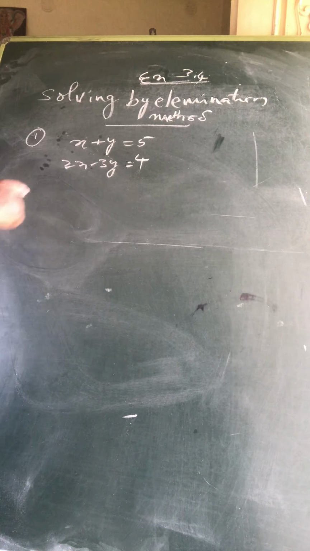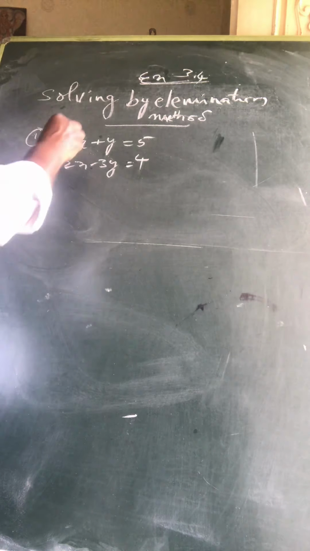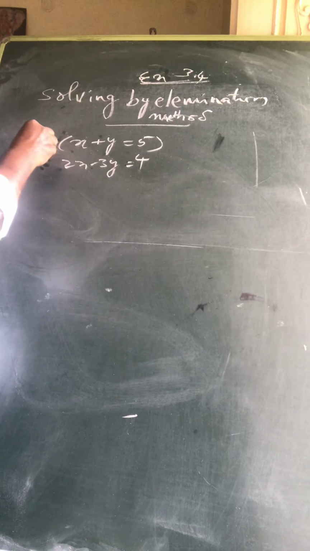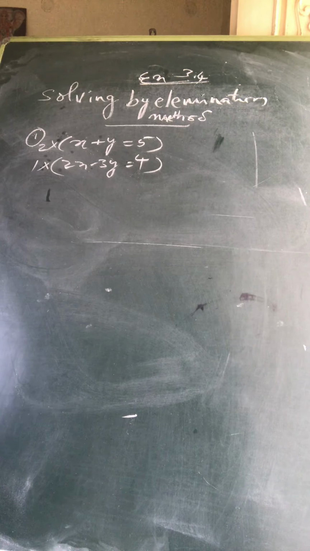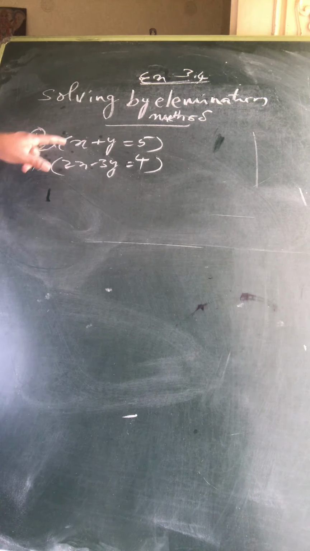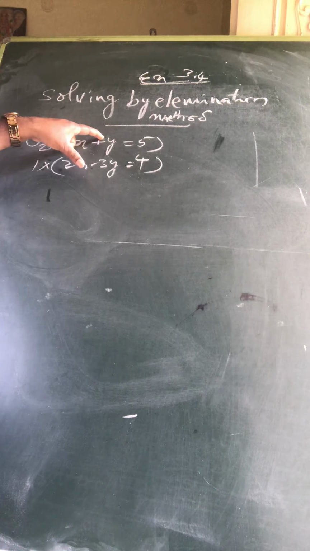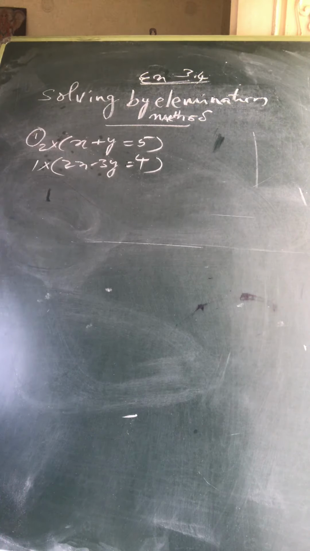The a1 place is 1 and the a2 place is 2. We have to make the coefficients equal by multiplying the whole equation. Now this equation you can multiply by 2 and this equation by 1. Then the x terms will become equal. If you want to make the y terms equal, multiply this by 3 and this by 1.